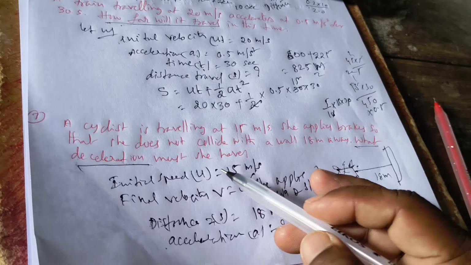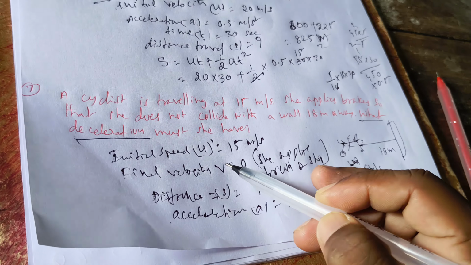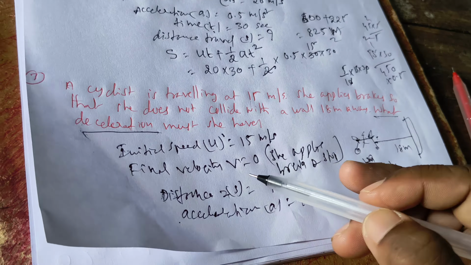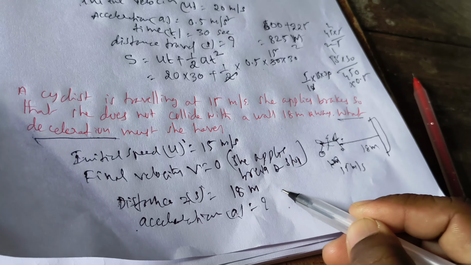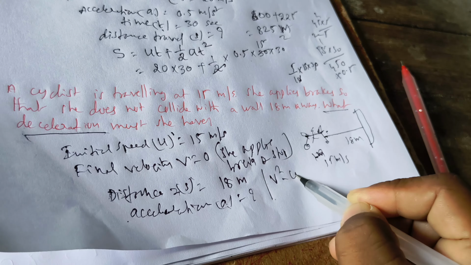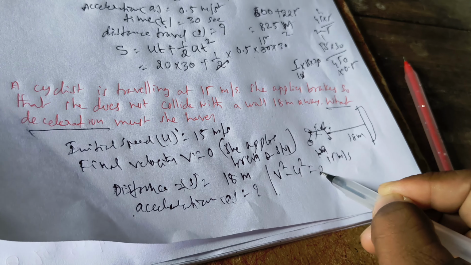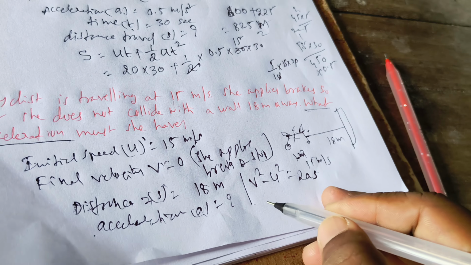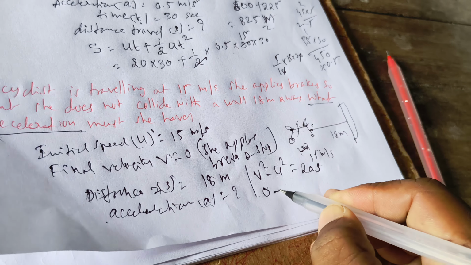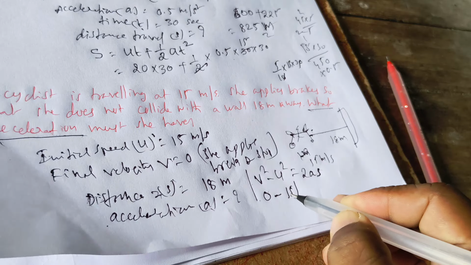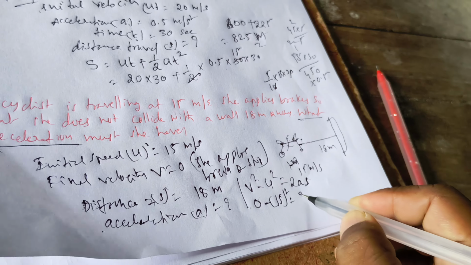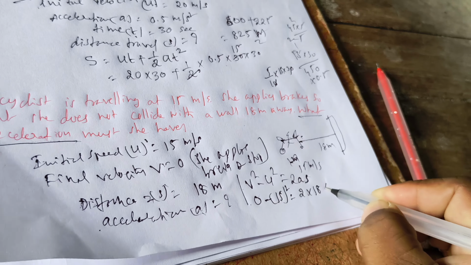We must have initial velocity, final velocity, displacement, acceleration. Here no time is given, so that's why we use the third formula, v square minus u square equal to 2as. So final velocity 0, initial velocity 15 square, that equals 2 into 18 into a.